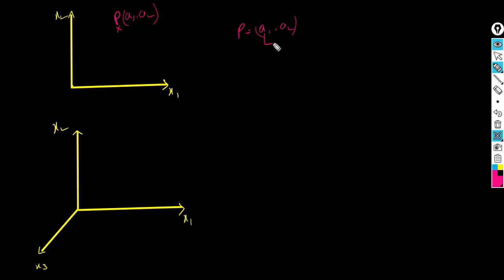Here a1 is the x1 component and a2 is the x2 component value. But it is a point. To convert this point to a vector, it needs to have some direction, and to give the direction we will just represent it like this. Now it has a direction, so it's a vector.